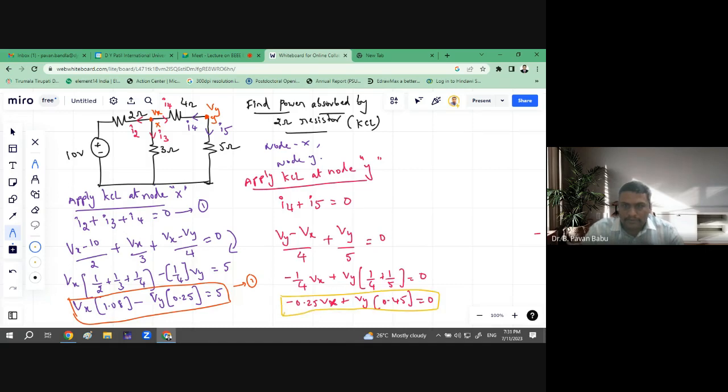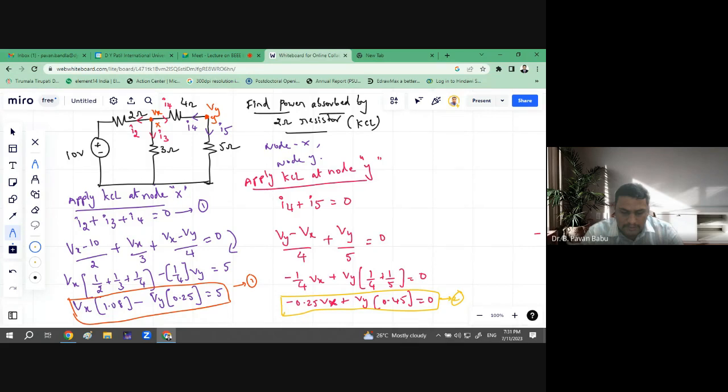I hope you can start using the calculator. We need to find two unknowns, Vx and Vy. You can go through the previous session on how to use the calculator. First go for mode clear, click on equation, and we need to find two unknowns.